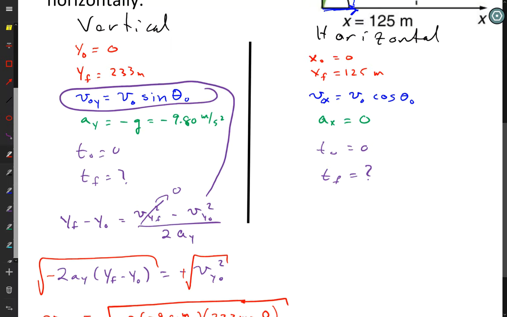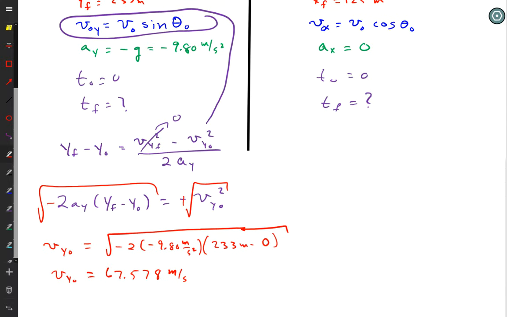Now, if we look up here, Vy0 is V0 sine of the angle. So now I can find the speed. So this is equal to V0 sine of 75 degrees.